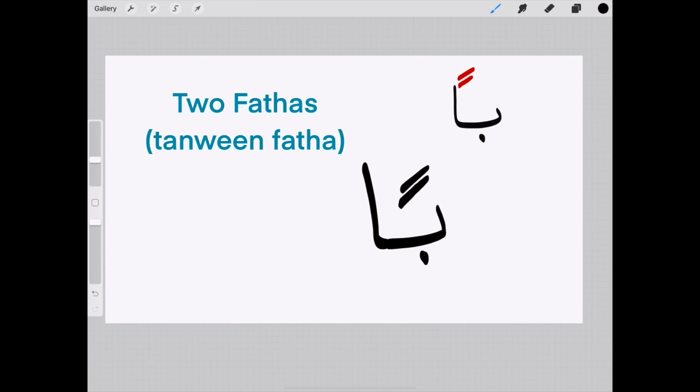So the ba becomes ban. The first short vowel fatha stays as is. The second one is converted to N letter. So the ba becomes ban. Again, ba with 2 fathas becomes ban, and this can only happen and take place at the end of a word.